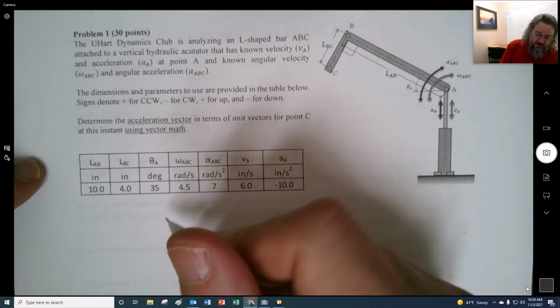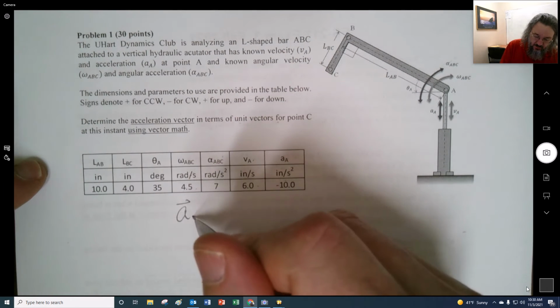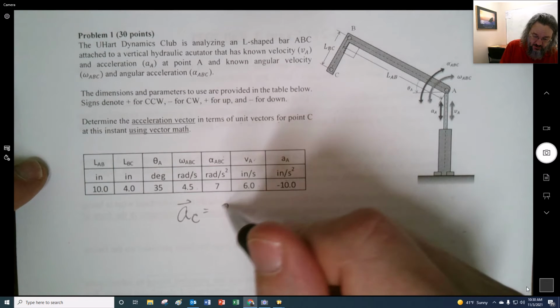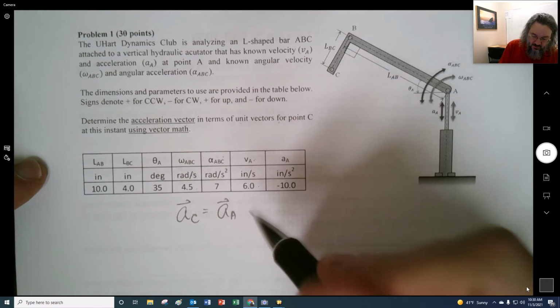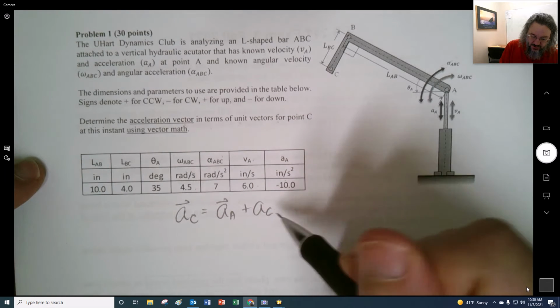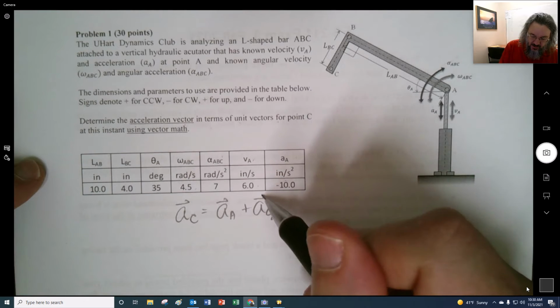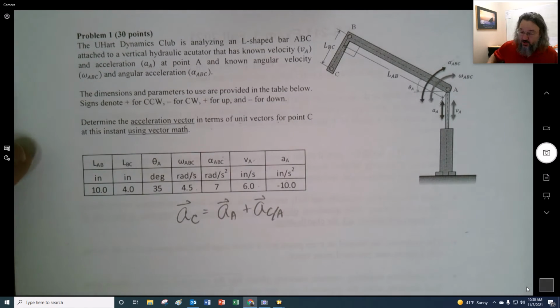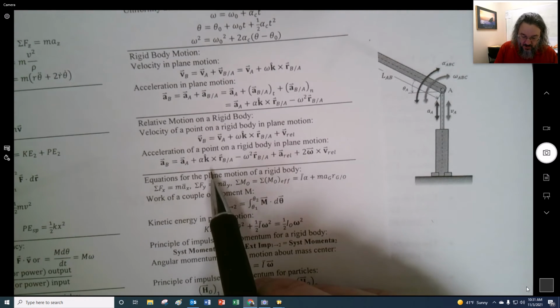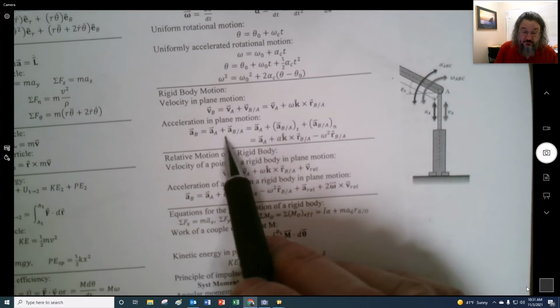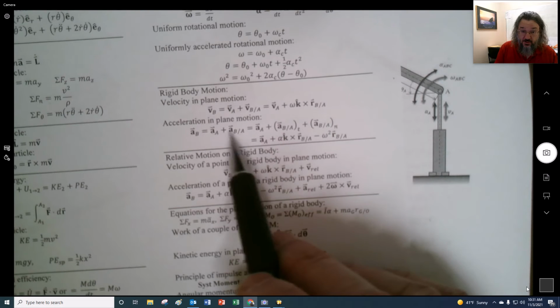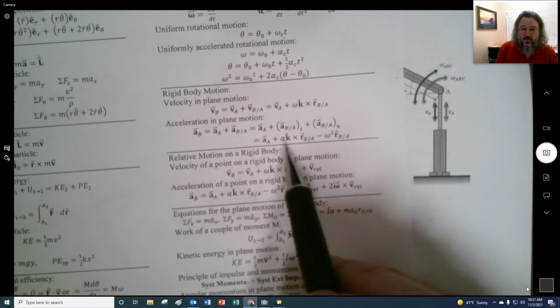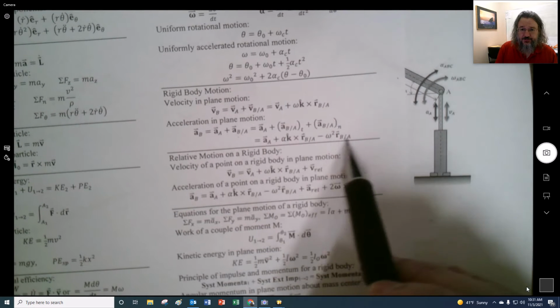So our main thing that we're trying to find is the acceleration of C, with the acceleration of A plus the acceleration of C with respect to A. And we know that this has 2 parts to it. We could also have just gone to our equation sheet right here and taken a look at this guy, a similar thing, although we have C instead of B, and come to this vector relationship.